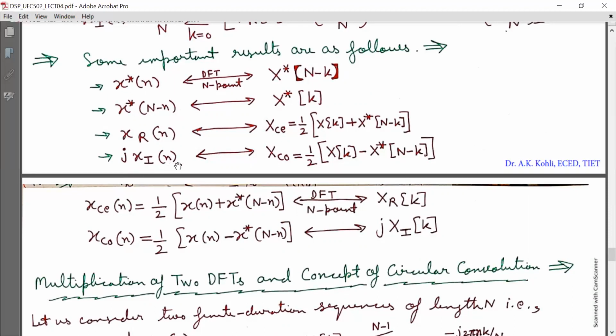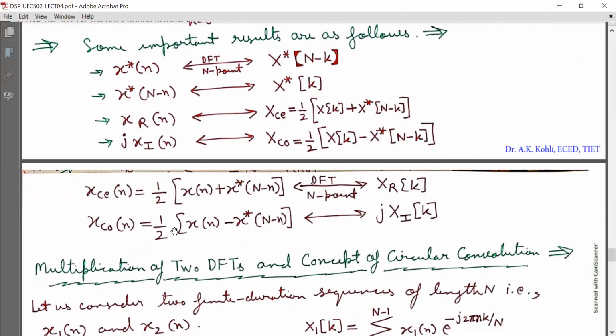Similarly, I can perform DFT for iota x_I(n), that is the imaginary part of the discrete time signal sequence, and if I take its DFT, I will find that it is the capital X conjugate odd sequence.